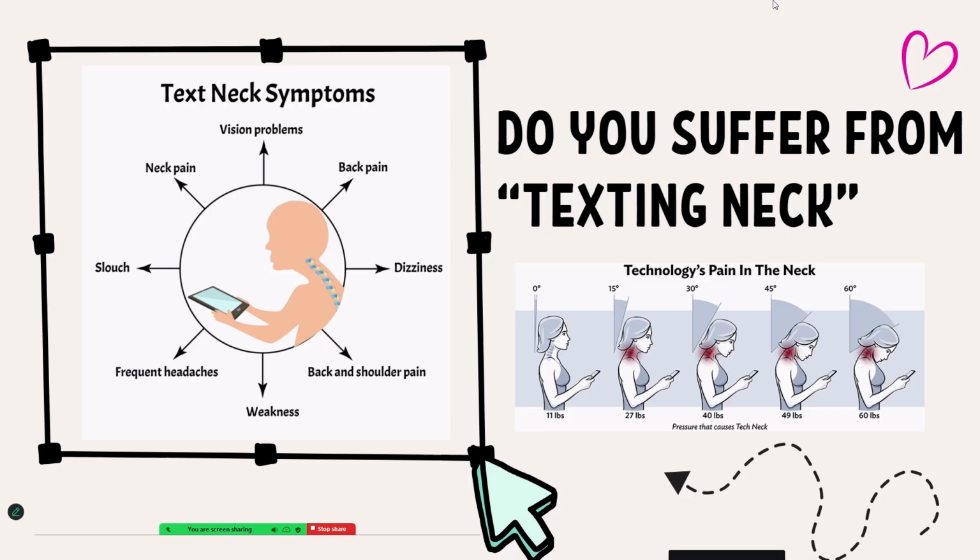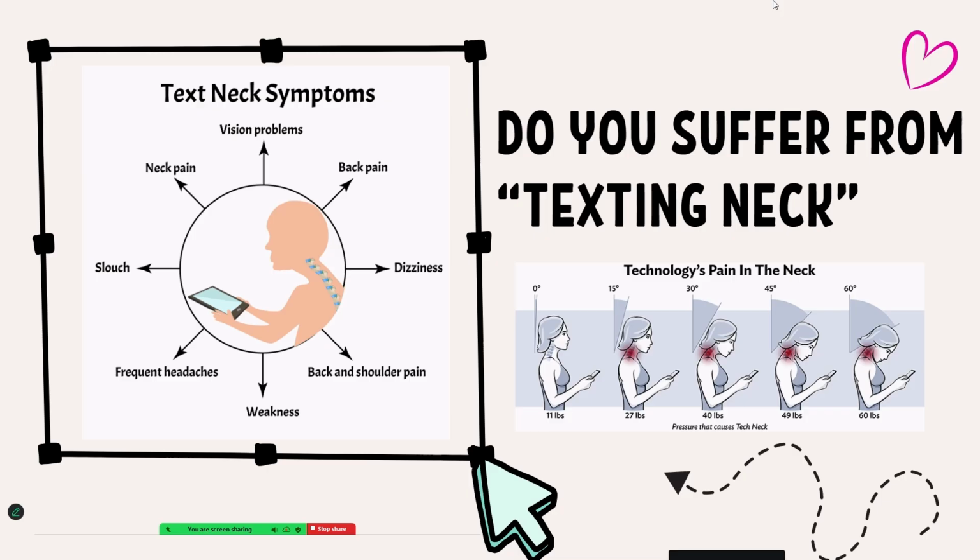There's an infographic that I have on the board, Technology's Pain in the Neck, and it shows the posture of your neck being at 0 degrees. Depending on how high you hold your phone, if your neck is lowered by 15 degrees, it's putting 27 pounds of pressure on your neck.